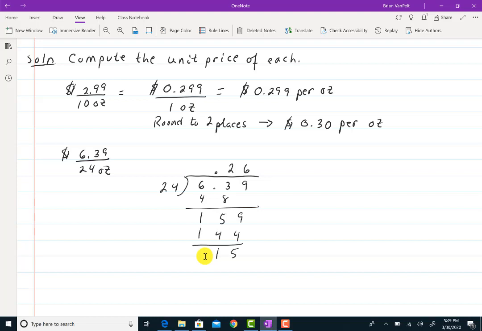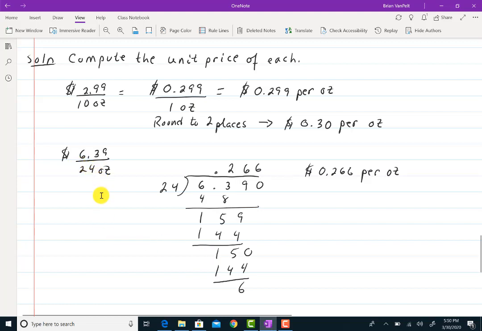And then 15, and I can bring down a 0 if I want to go to 3 decimal places, which I do, because then it allows me to round to 2 places. So I got a 6 again that goes into here. That's good enough. So I have 0.266 per ounce. And we can already see which one's the better deal.